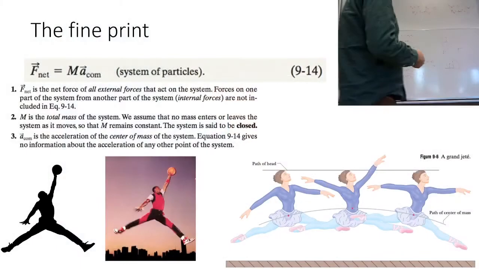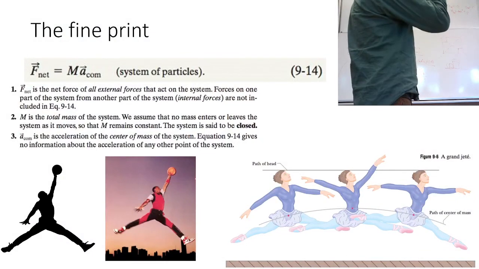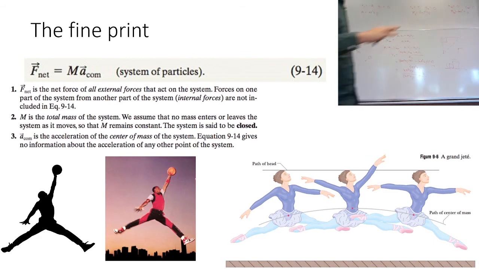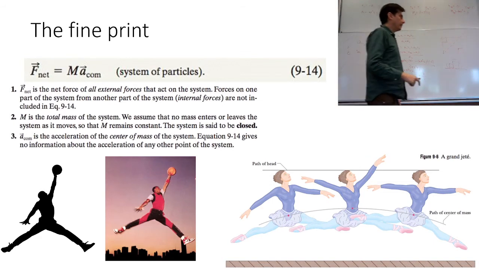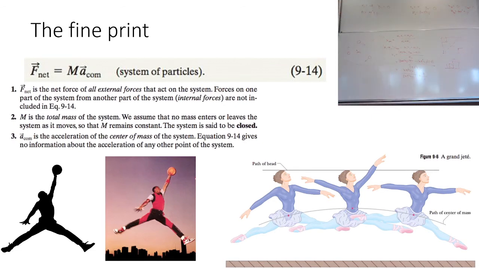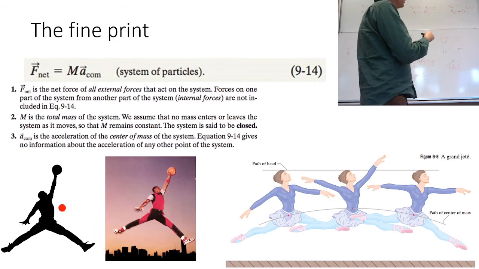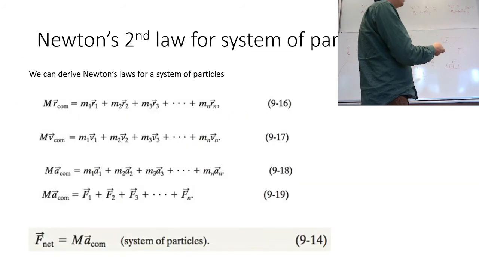But sometimes you need to be clear exactly on what you mean by these variables. So here's the fine print, if you like, of applying this equation. When you apply this equation, this force here, of course, what we just did was add up all the forces, right?